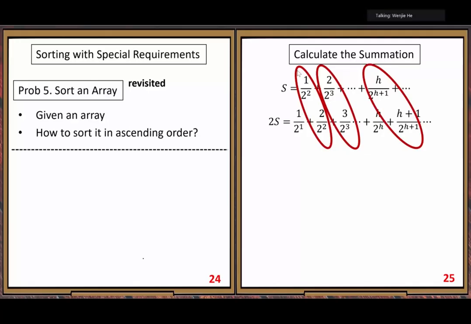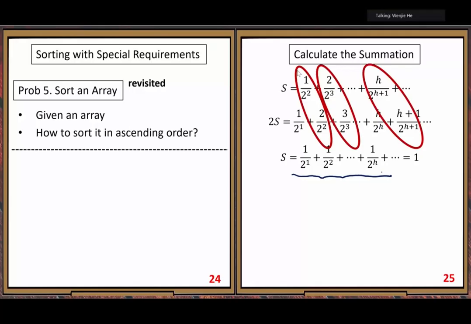Nice observation. Then we take subtraction. S equals. Then we collect all the fractions. You can see the denominators are consecutive powers of 2, and the numerator is always 1.